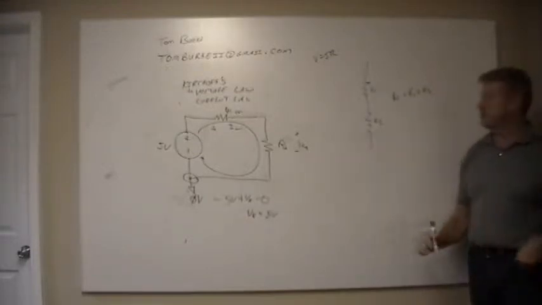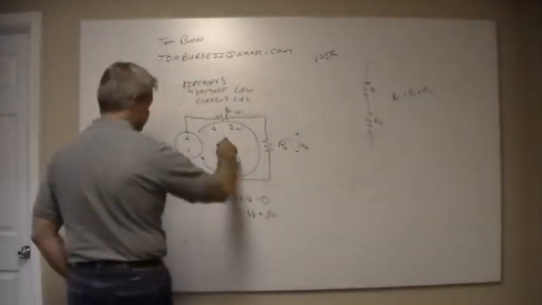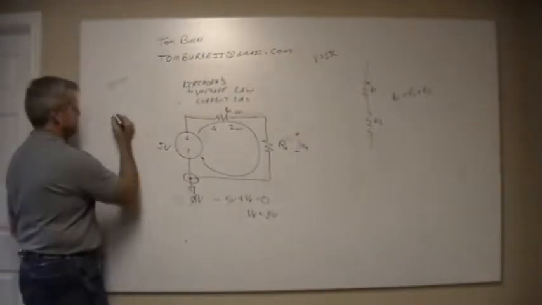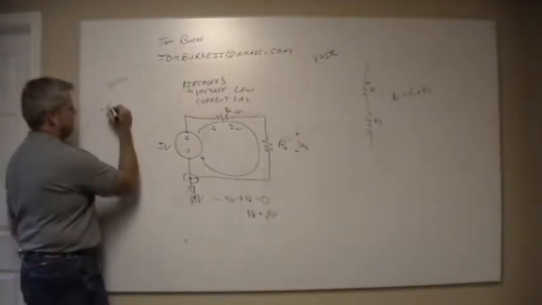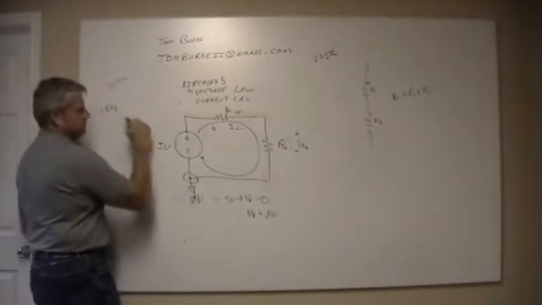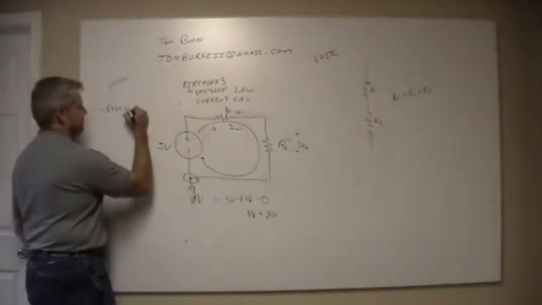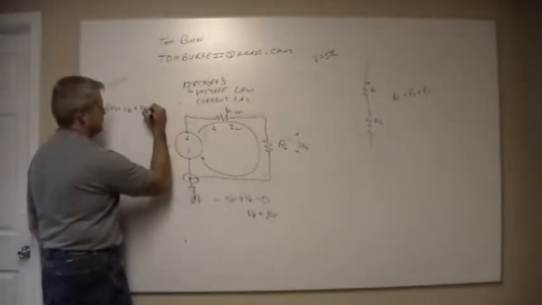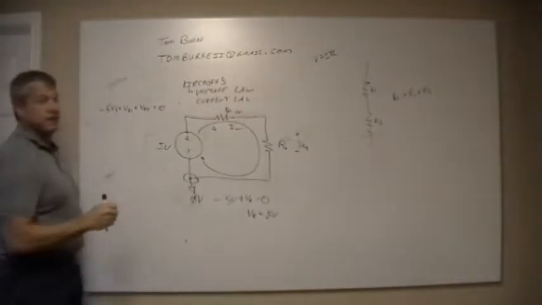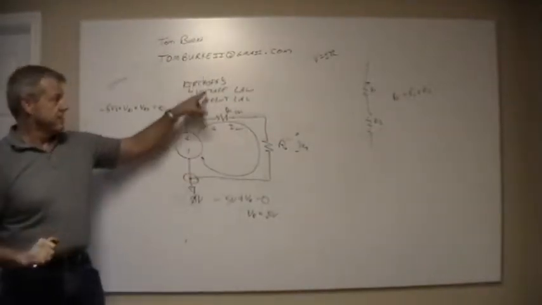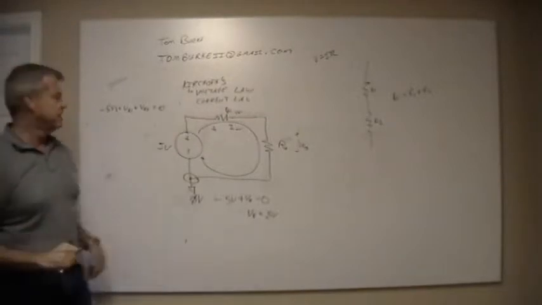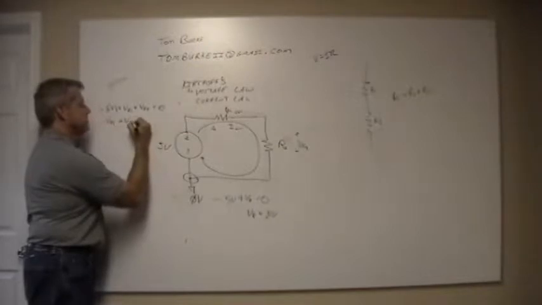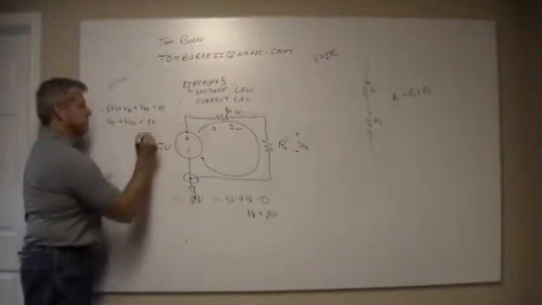Simple, exactly what you would think it is. If I come back here, I come around, I start again at 0 volts, so I say minus 5 volts, plus VR1 plus VR2 equals 0. And this is actually where this comes from. It's an application of Kirchhoff's voltage law. VR1 plus VR2 is equal to 5 volts.